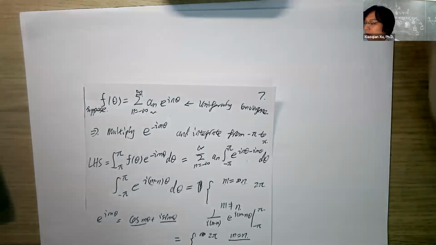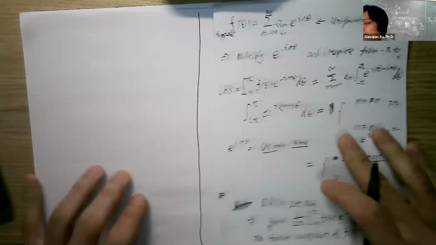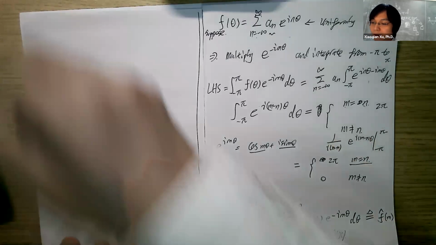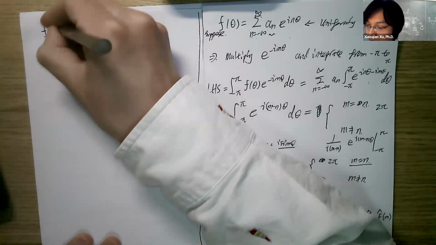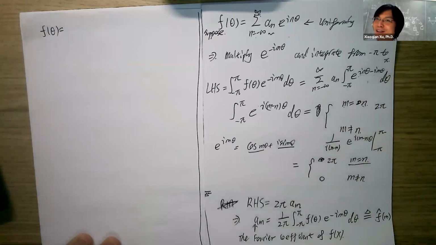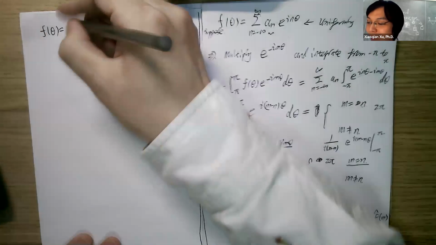And by the way, this is also the reason why we don't use another notation to write it. Another notation which is always used in other literature is, well, you always want to write f(theta) instead of this very ugly, complex, imaginary e to the i m theta.